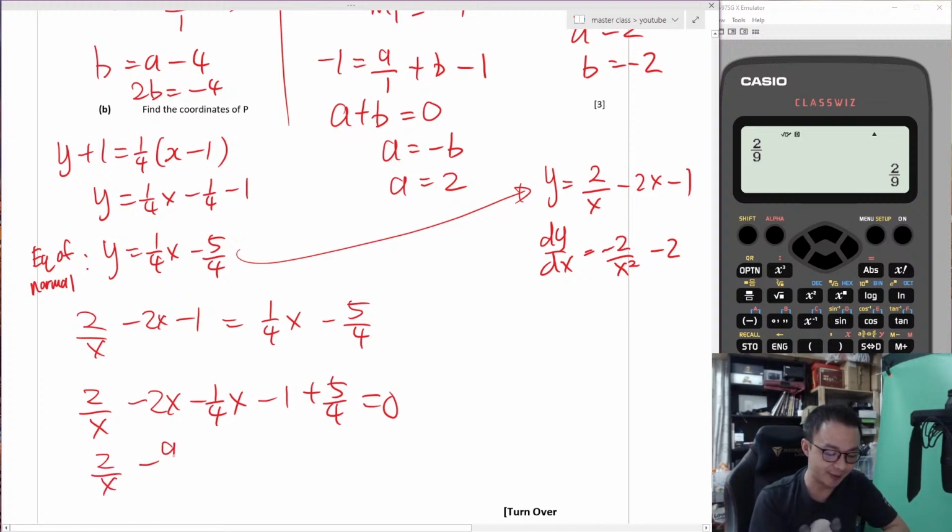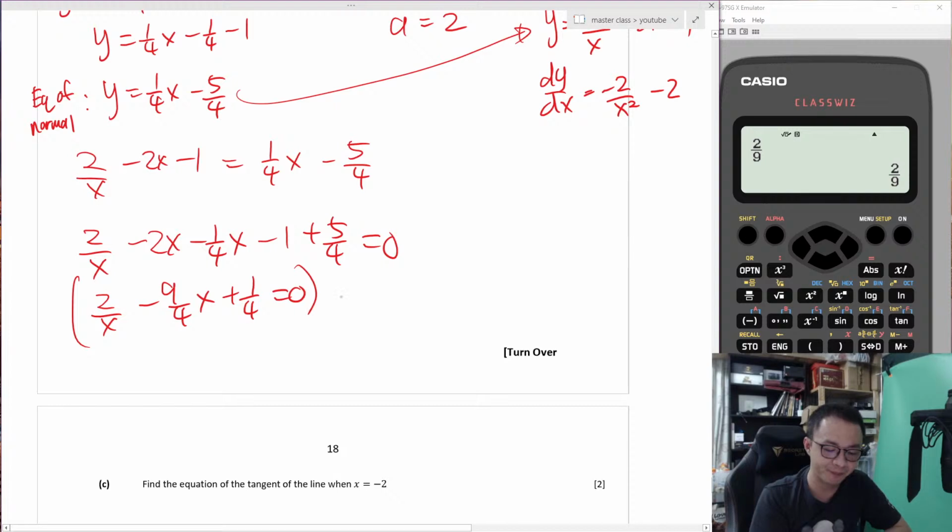Okay, 8, 9 over 4x, this is 1 over 4 equals to 0. I multiply 4x for the whole equation. So I should get 8 minus 9x squared plus x equals to 0.